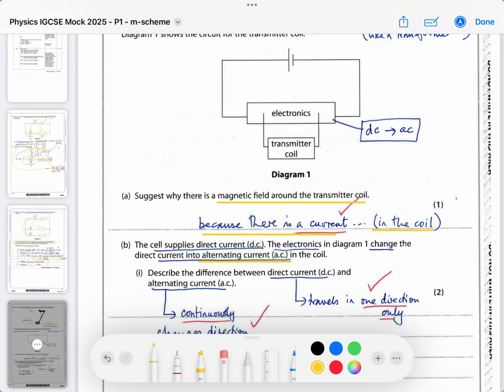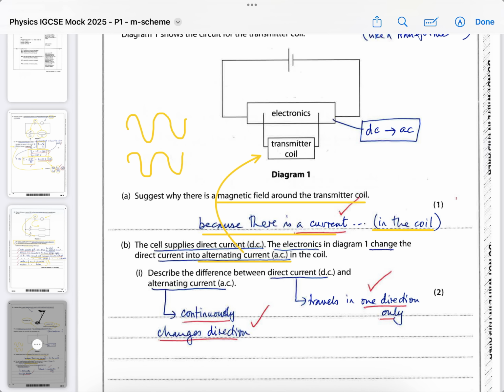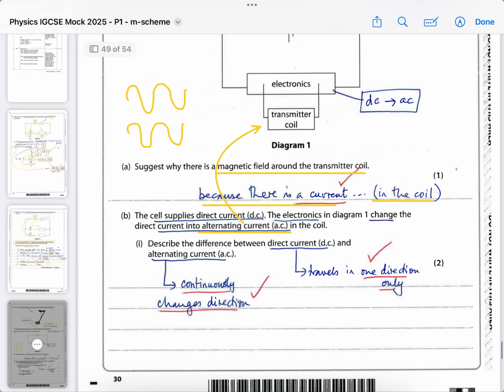Now, if you have an alternating current, this coil here has AC going through it. That means the alternating current is constantly changing, and not only is the current constantly changing, but the magnetic field will change in phase with the current. Okay? So you have an alternating current and an alternating magnetic field. Okay? So what? Let's go on.